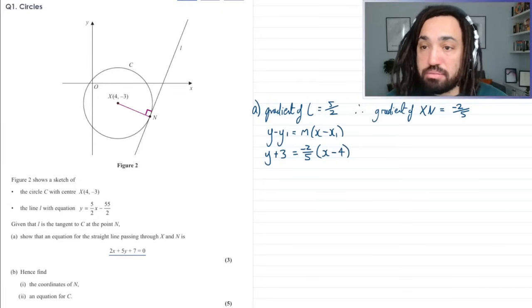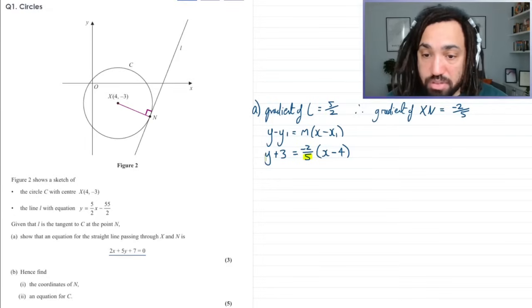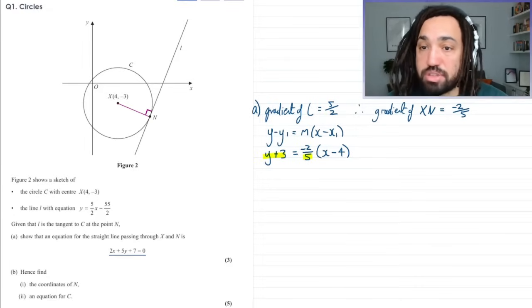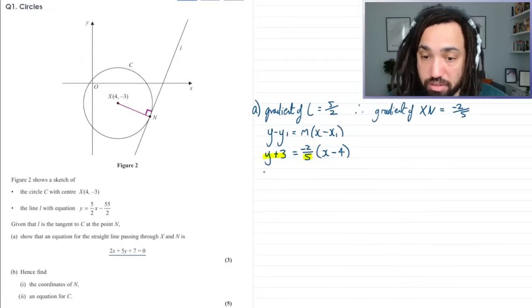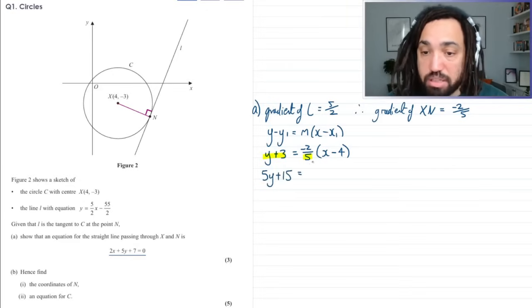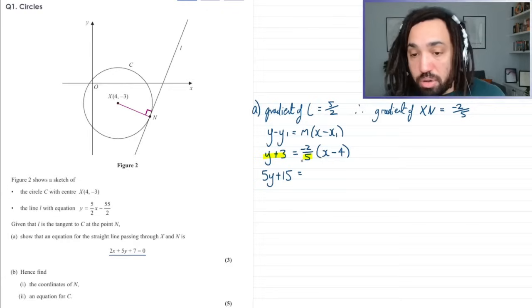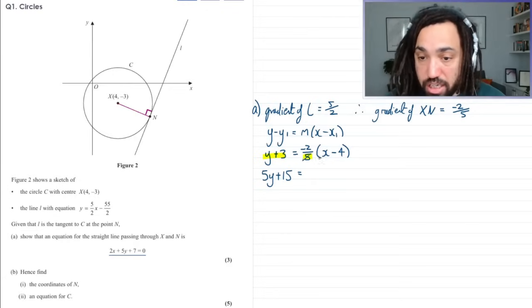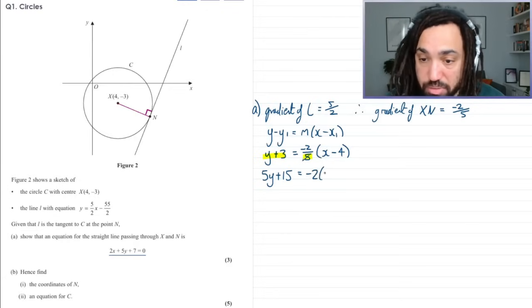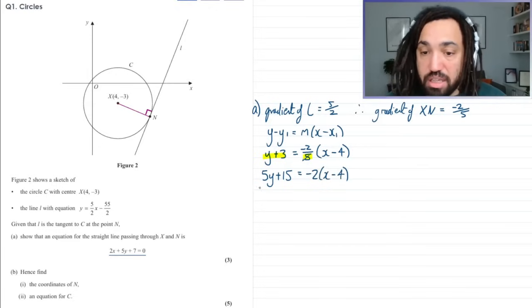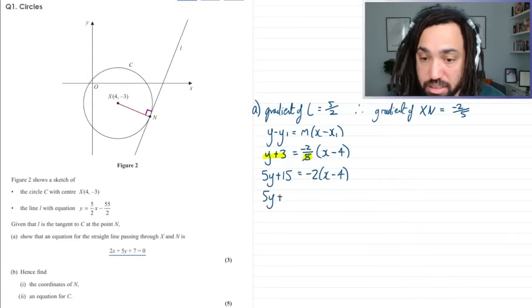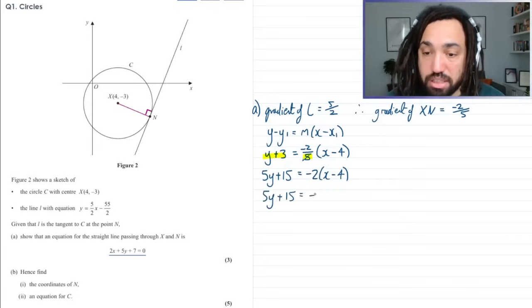Okay, so what we can do now is multiply both sides by 5. Multiplying the left-hand side by 5 will just make this 5 times bigger, and multiplying the right-hand side by 5 will get rid of the divide by 5 here. So we just get this. And then we can expand out this bracket, like so.